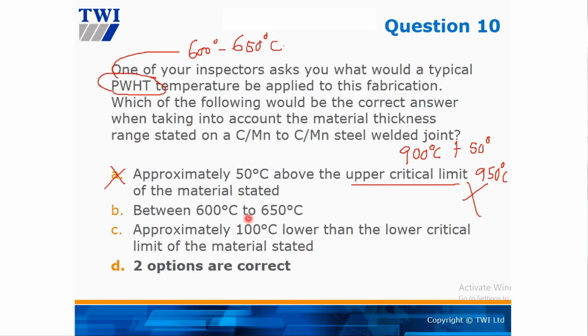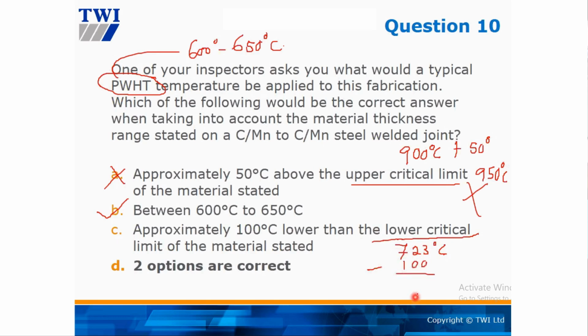B, 600 to 650, that is correct. But how about C? It's approximately 100 degrees lower than the lower critical limit of the material. So the lower critical limit here, they are talking about 723 degrees C. So we minus 100 degrees.